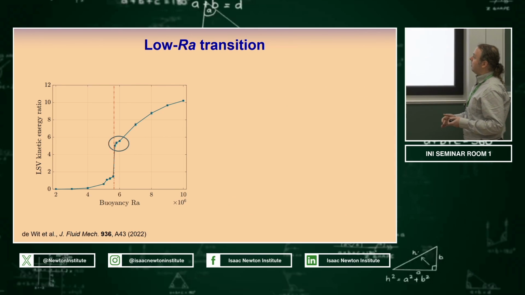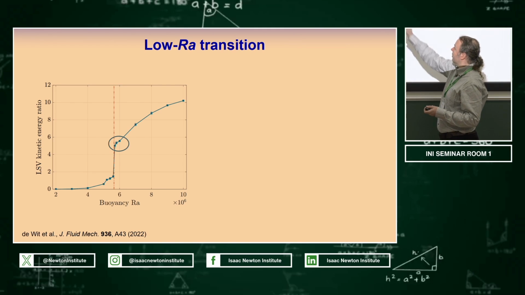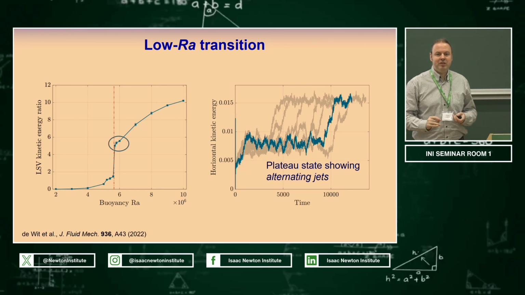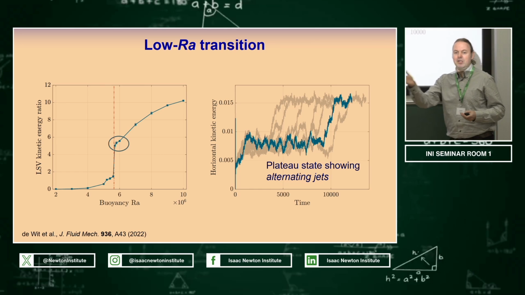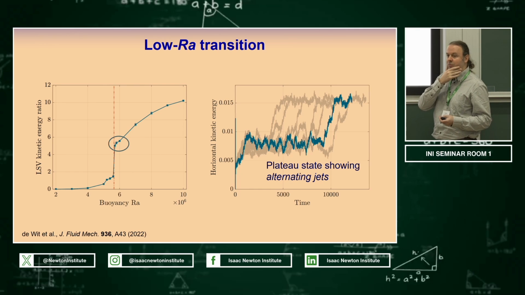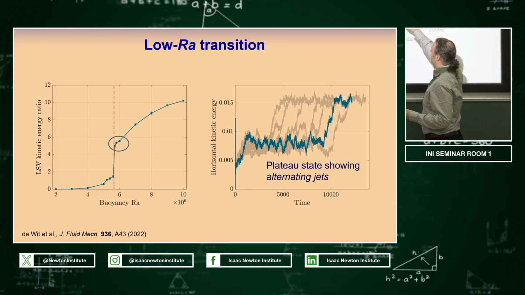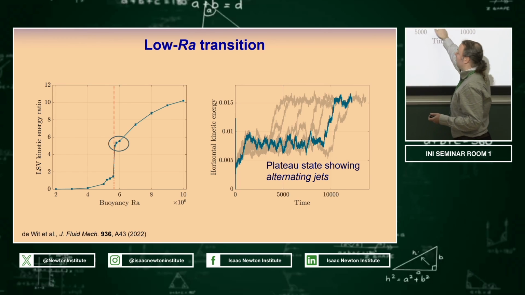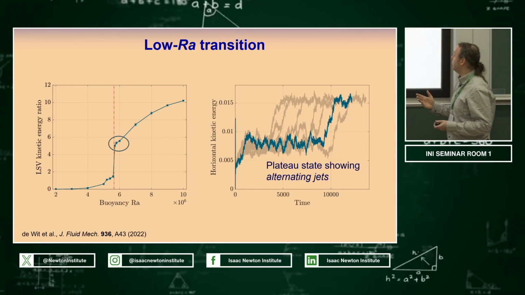And then the situations just beyond the transition. These we also studied in a bit more detail, and this is actually showing very similar dynamics as was shown in the previous presentation, where we can see that the flow typically reaches this intermediate state, which is just this alternating jet flow that we saw just before.